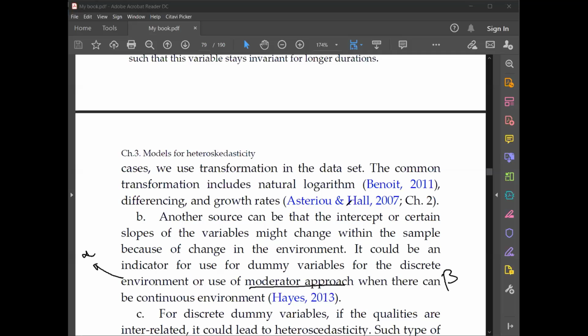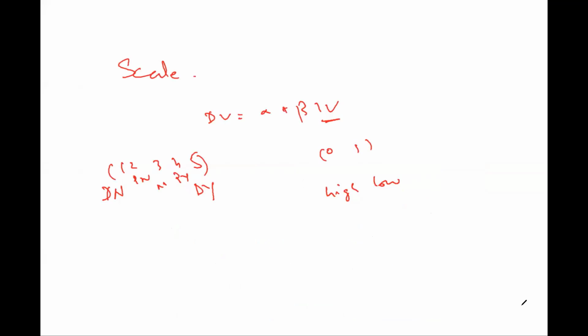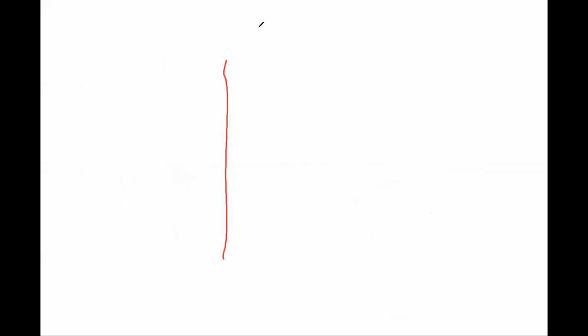Okay, so let me give an example, then I'll come back to the next point. Let me bring the white screen. So suppose you have estimated a model. We have a y-axis and then there is an x-axis.